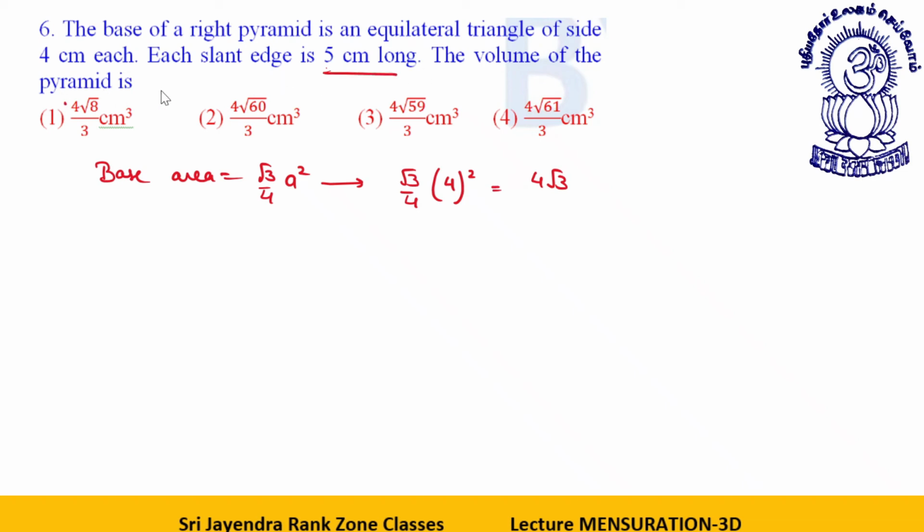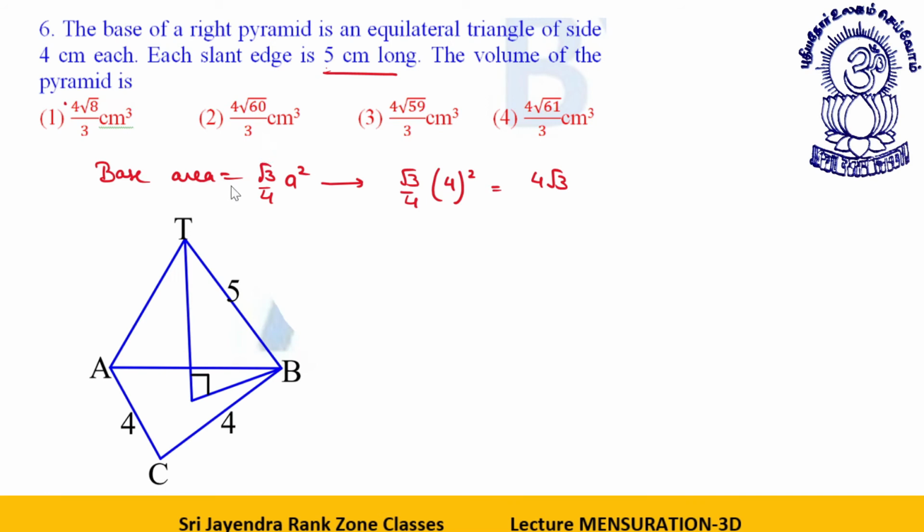Each slant edge is 5 centimeter long. The volume of the pyramid is, now dear student, this is the base, this is the figure. If this is a figure, this is the center. Slant edge is actually BT. This BT is equal to 5. What will be OB?